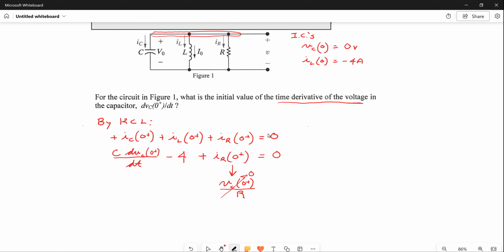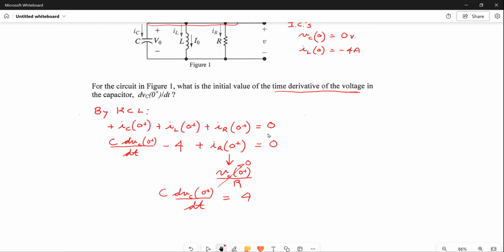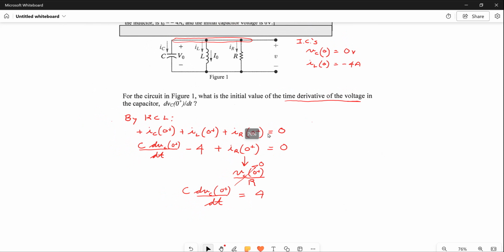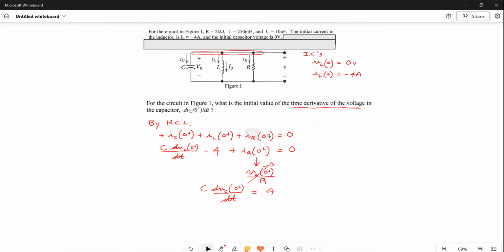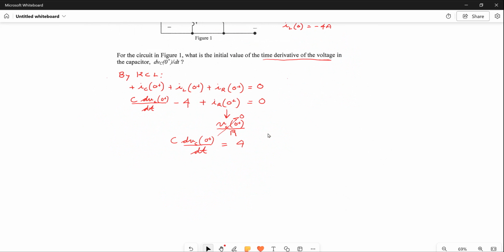And you're going to get C dVc at 0 plus dt is equal to 4. The value of C was, up at the top, 10 nanofarads.